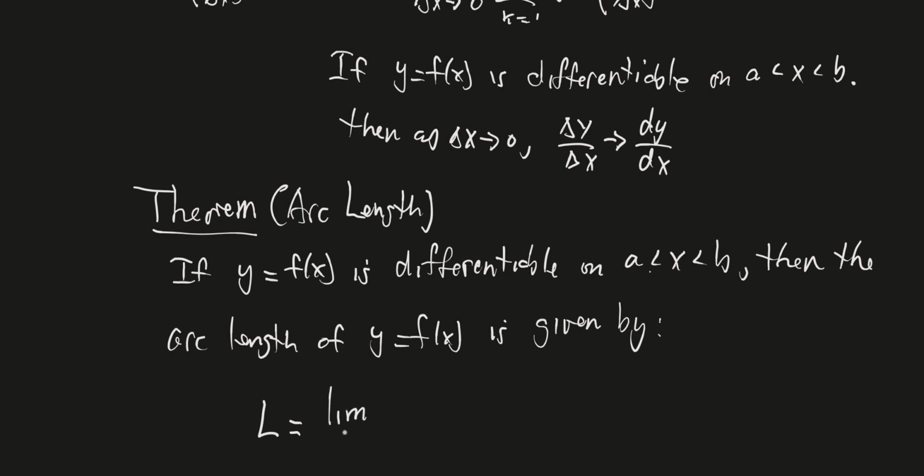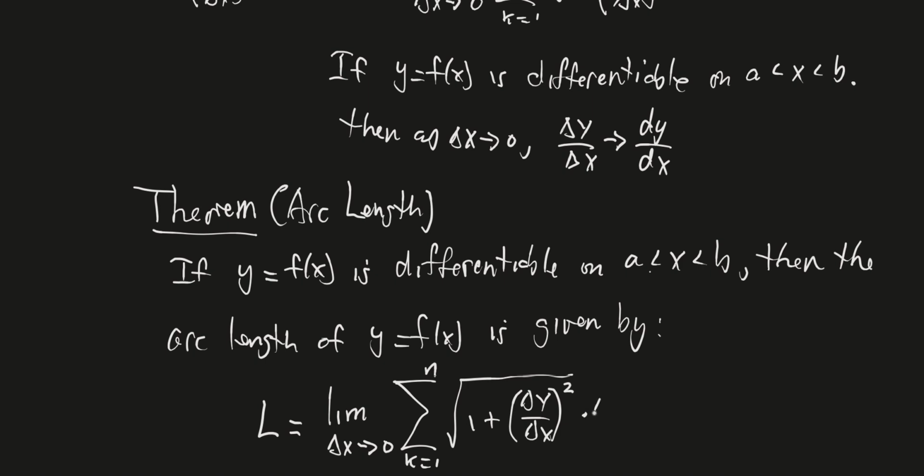I'll write it in stages here. So it's the limit as delta x approaches 0 of our Riemann sums. Right, so delta y over delta x, all of that squared times another delta x, and that we know is our definition for the definite integral. So now the integral goes from a to b, but now I have a square root in my formula.